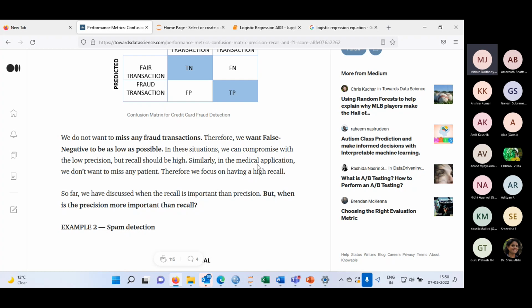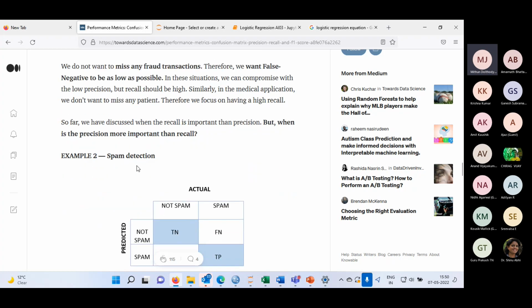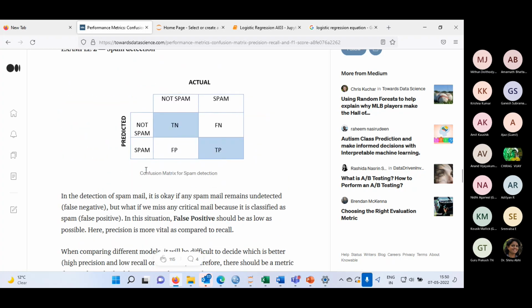When do we use precision? Look at this example, spam detection. Spam detection is a typical example where we want high precision. In the detection of spam mail, it is okay if some spam mail remains undetected. But what if we miss a critical mail because it is classified as spam?